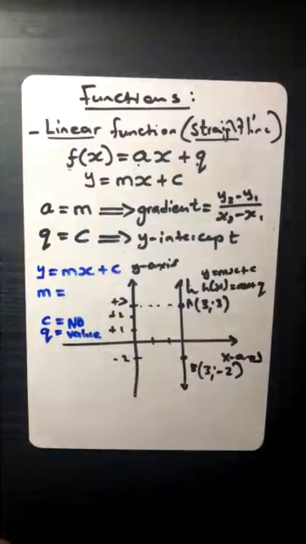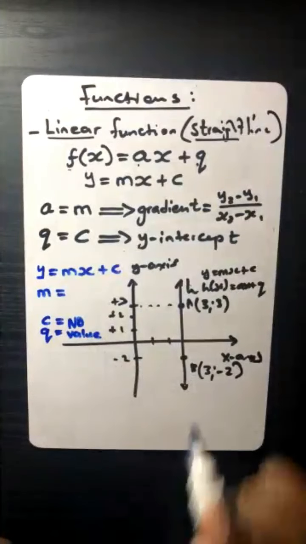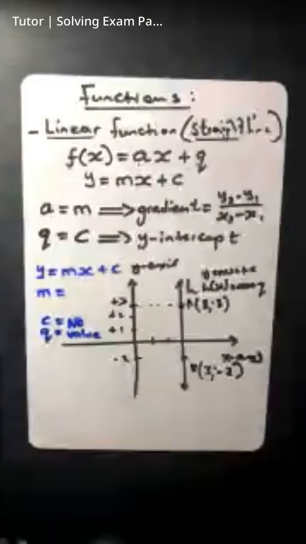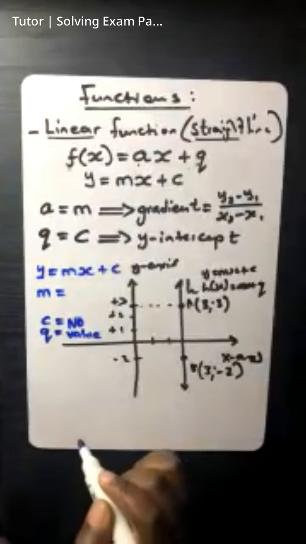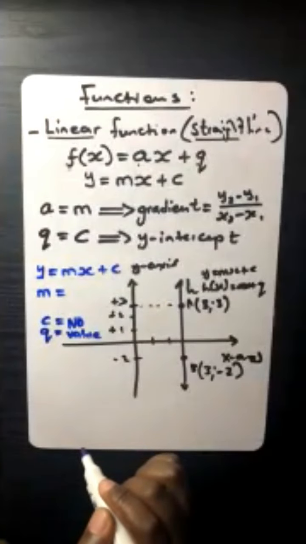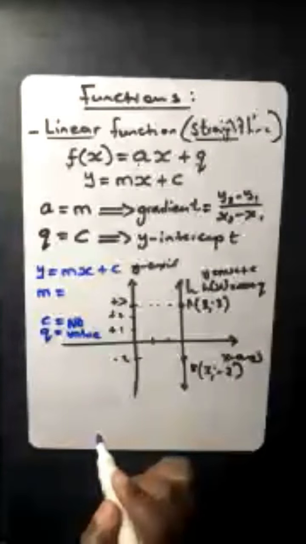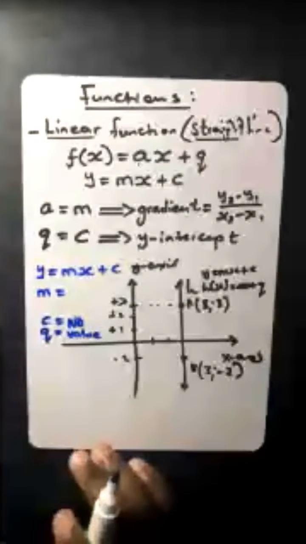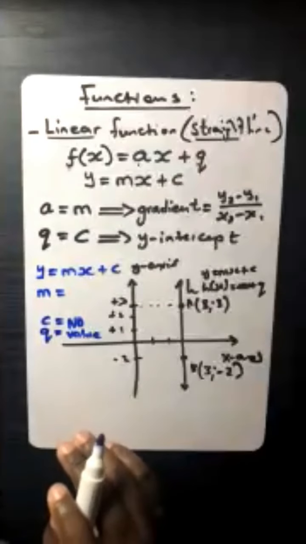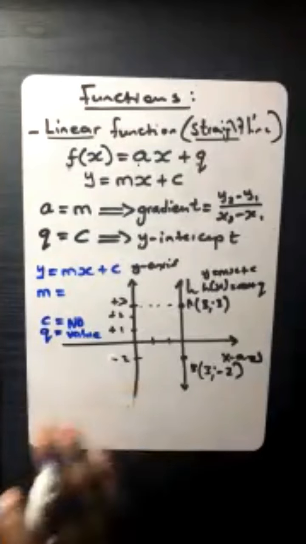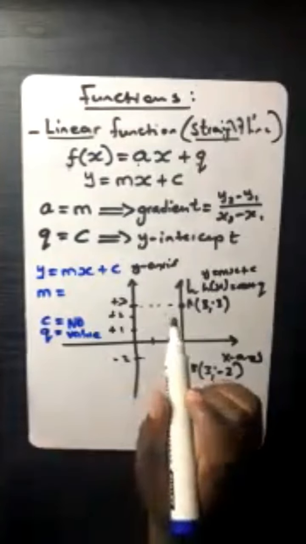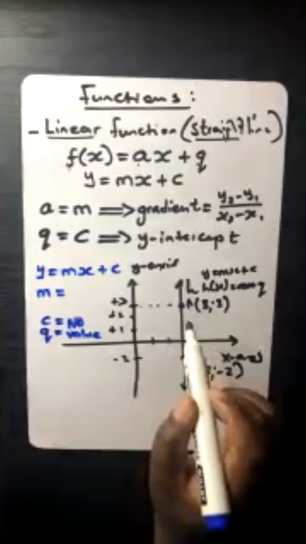The reason is, as you explained, that line doesn't touch the y-axis, or it doesn't intercept the y-axis. So you don't solve, but you just say no y value.